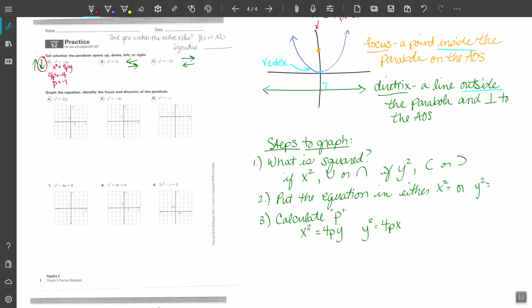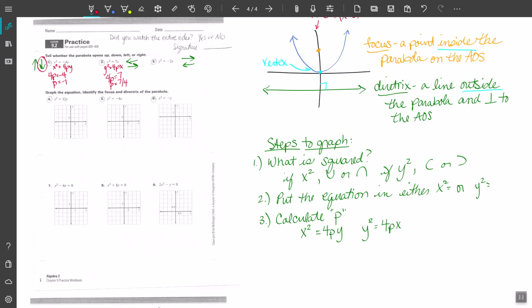I can do the same thing on number 2, except now I'm going to use y squared equals 4px. This is just the standard form. Once again, I can see my y squareds match. My 4p is equal to that 7 there. So 4p equals 7. My p is going to come out to be 7/4.